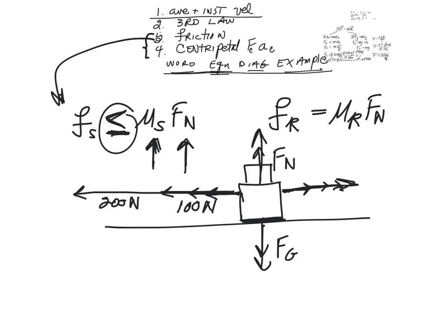In the case of kinetic friction, since it's sliding, there's just the one force, because kinetic friction doesn't begin acting until it's already sliding. But again, there are the two factors that determine it: the coefficient and the normal force. And so there are equations, a lot of words, and diagrams and examples explaining friction.